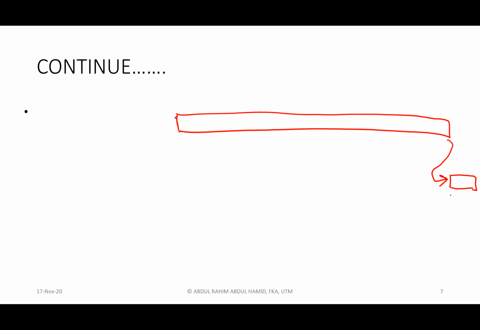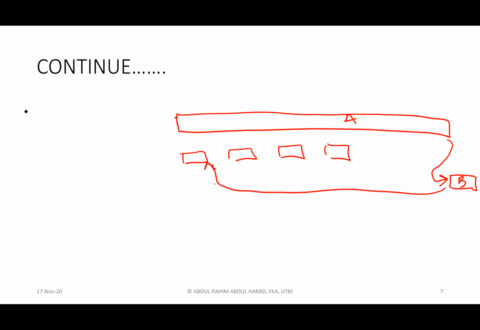Then this activity has to wait longer. So we can split the activity into several activities, like A and B. So activity B can, for instance, be done immediately, or when activity A is partially complete, we can start activity B.